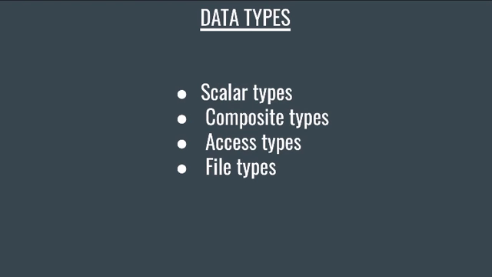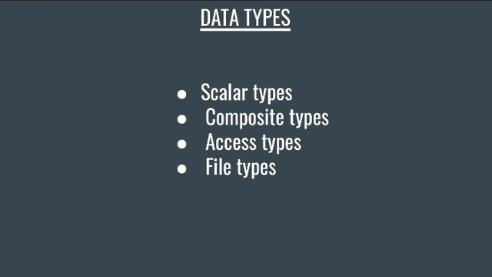Next we have data types. Every data object in VHDL can hold a value that belongs to a set of values. The set of values is specified by using type declarations. We characterize data types into four major categories: scalar types, composite types, access types, and file types.